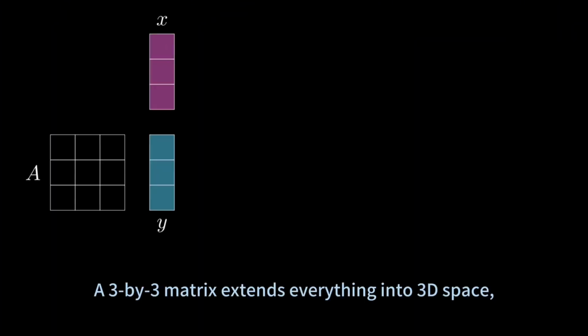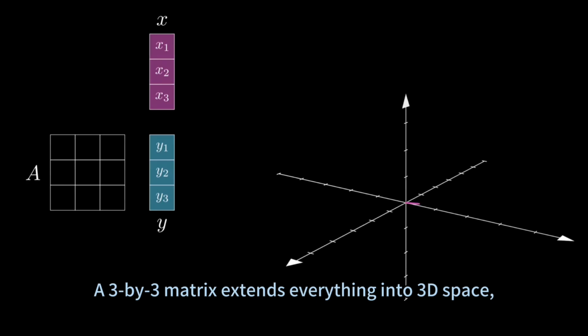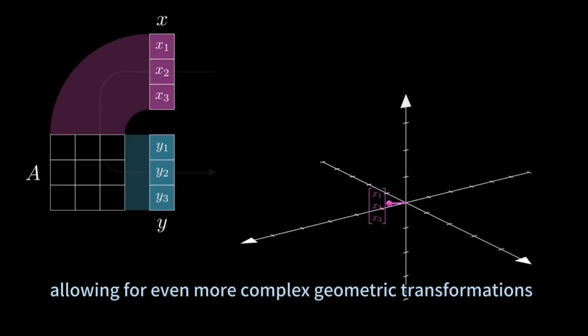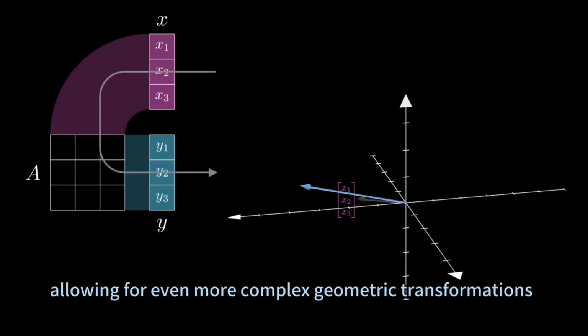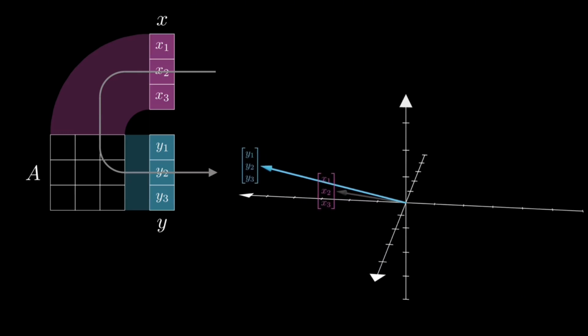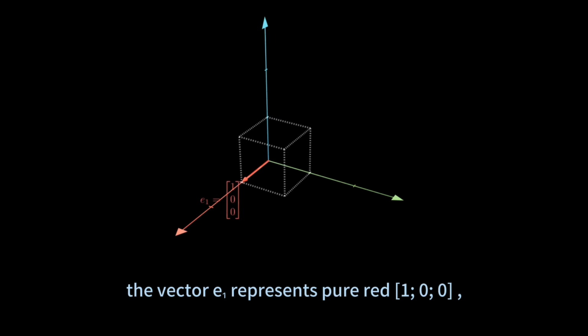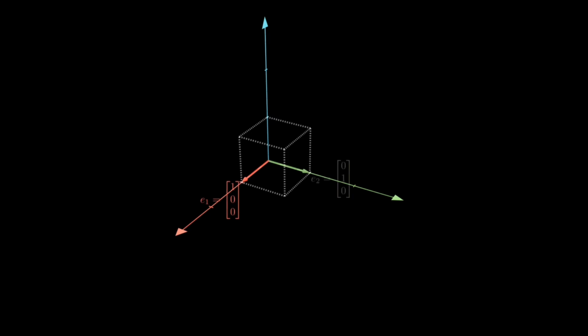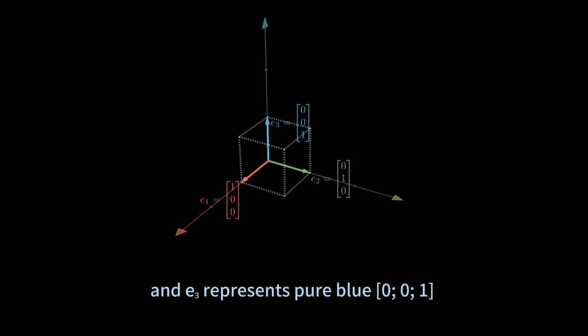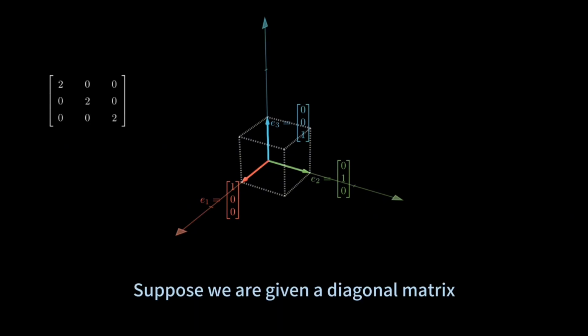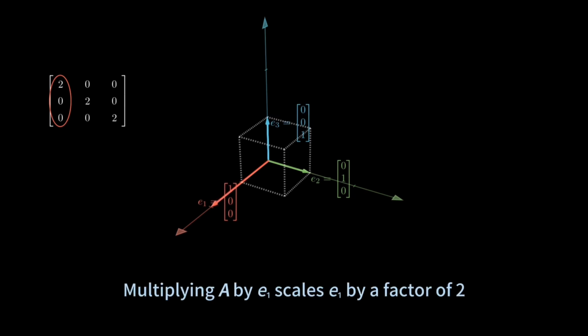As a 3 by 3 matrix, it turns everything into 3-dimensional space, allowing for even more complex geometric transformations in 3D space. In the RGB color space, the vector E1 represents pure red, E2 represents pure green, and E3 represents pure blue. Suppose we're given a diagonal matrix. Multiplying A by E1 scales E1 by a factor of 2.